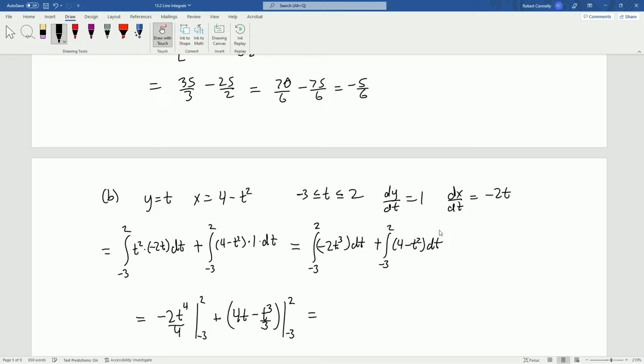Okay, so here we've just done our regular power rules for integration.